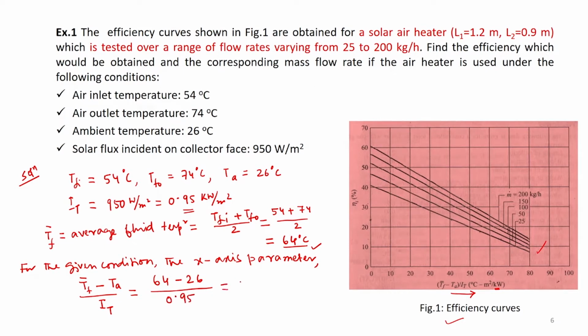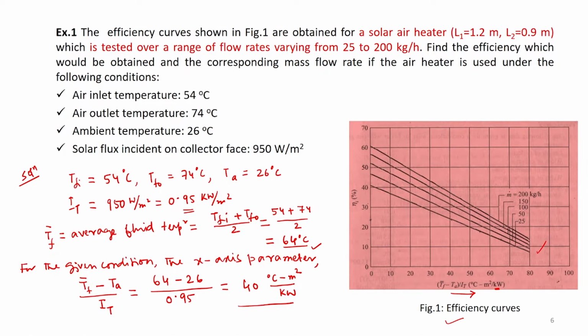If we do the calculation, it is found to be 40 degrees C meter square per kilowatt. So, the unit will be something like this.